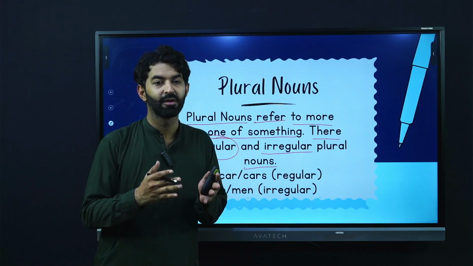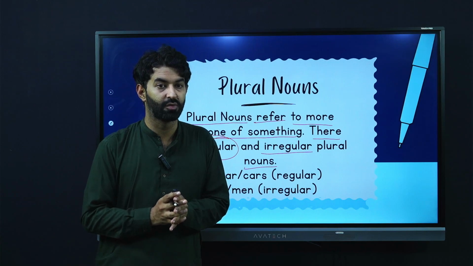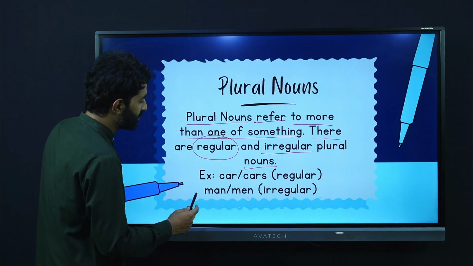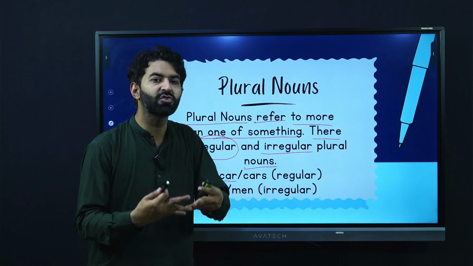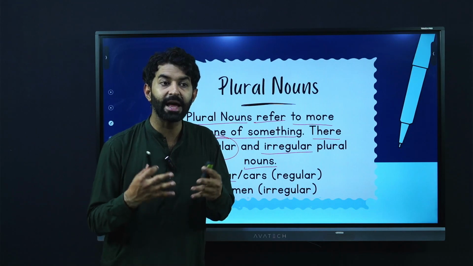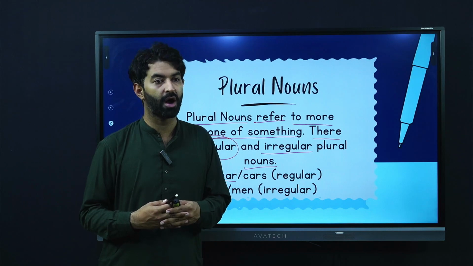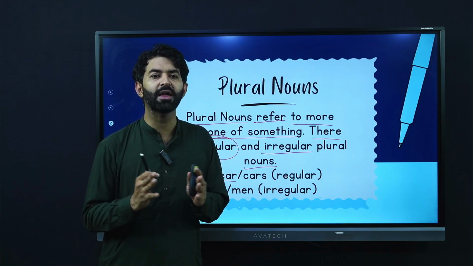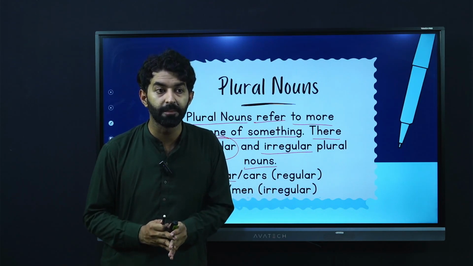Regular and irregular. We need to see what is the difference between these two, right? Okay. Car. If you add just an extra letter S after the ending word, it becomes cars. This is very regular, right? We see it all the time and we recognize it quickly.